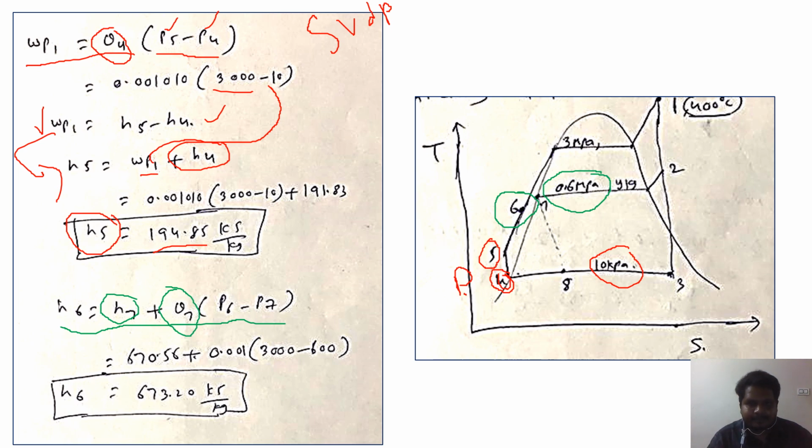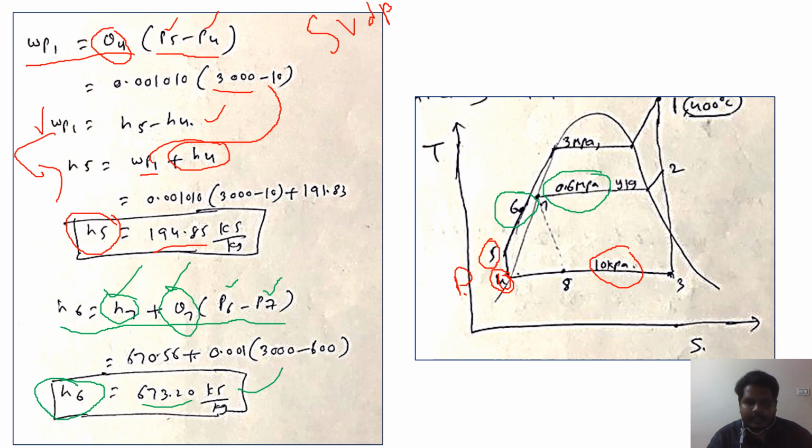So if you refer the saturation table at 0.6 megapascal, we can get the values of h7 and v7. And P6, P7 values are already given in the problem. Once you substitute the values, we will get the enthalpy at point 6, that is 673.20 kilojoule per kg. Now we have calculated enthalpies at all points 1, 2, 3, 4, 5, 6, 7.